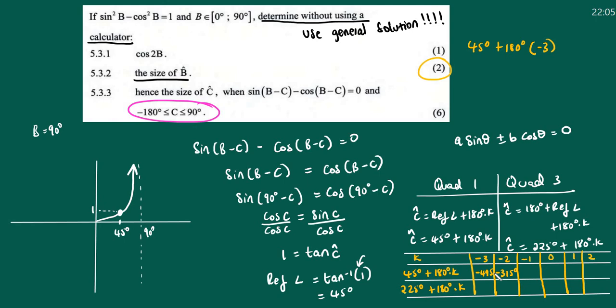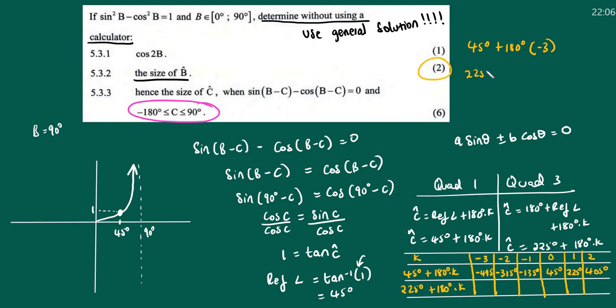Then you put negative 1, you get negative 135 degrees. Then you put 0, it's going to be 45 degrees. Then you put 1, it's 225 degrees. Then you put 2, it's going to be 405 degrees. Right. Then you do the same thing for 225.